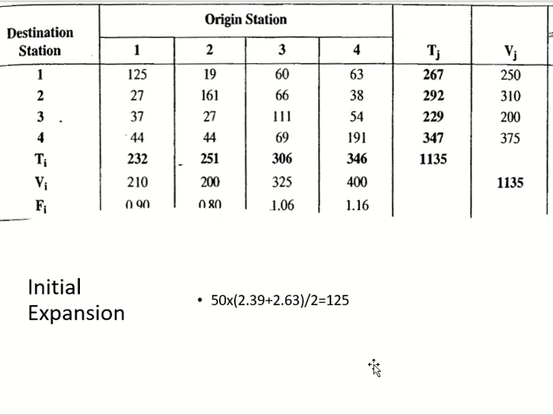So 50 multiplied by (2.39 plus 2.63) divided by 2. So you will pick the number, take its factors, do their average and multiply with the number. The answer will be the number in the new matrix. You see the first value is how much now? From here, 125. Got it?